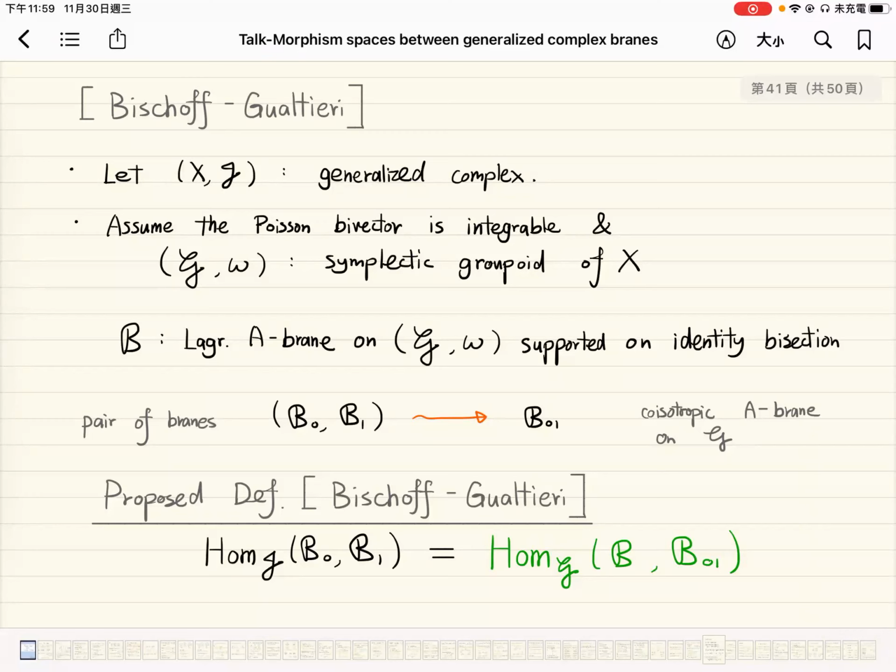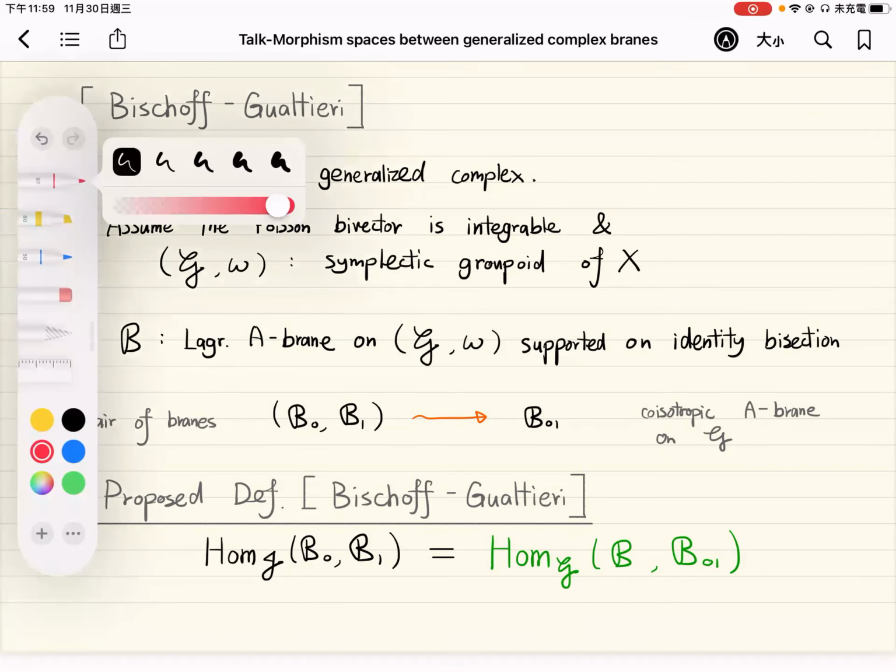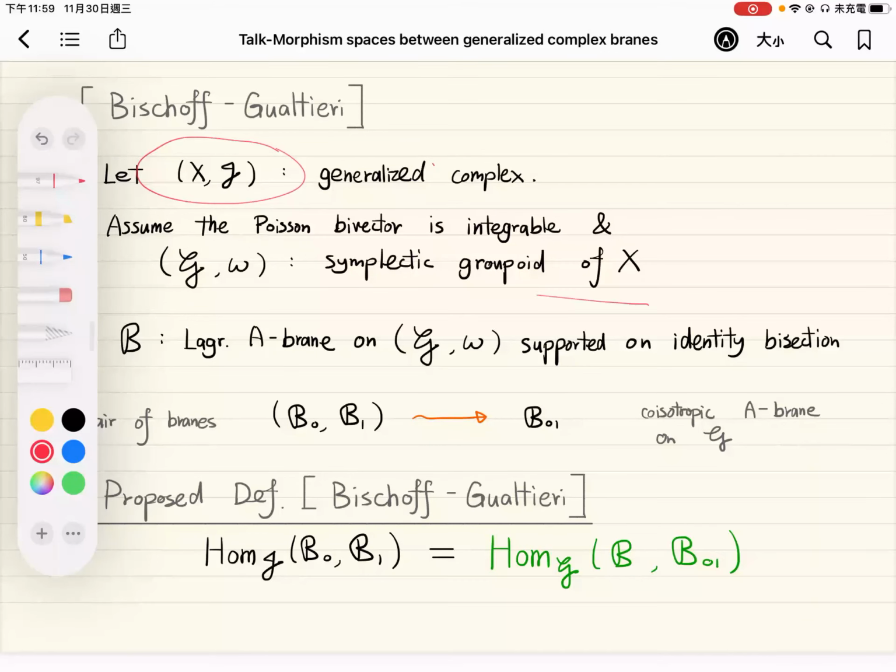So we can think of the original case: if X is a symplectic manifold, then the symplectic groupoid has an underlying manifold which is X cross X. So in the general case, we consider a generalized complex manifold X here. Then we assume the Poisson structure is integrable so that we can find the symplectic groupoid of X. And then we also have a Lagrangian A-brane supported on the identity bisection of this symplectic groupoid.